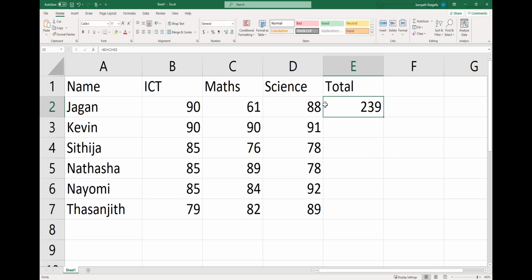Similarly, can you send me what equation I have to type to find the total for Kevin? Now we know for Jagan it's equal B2 plus C2 plus D2.